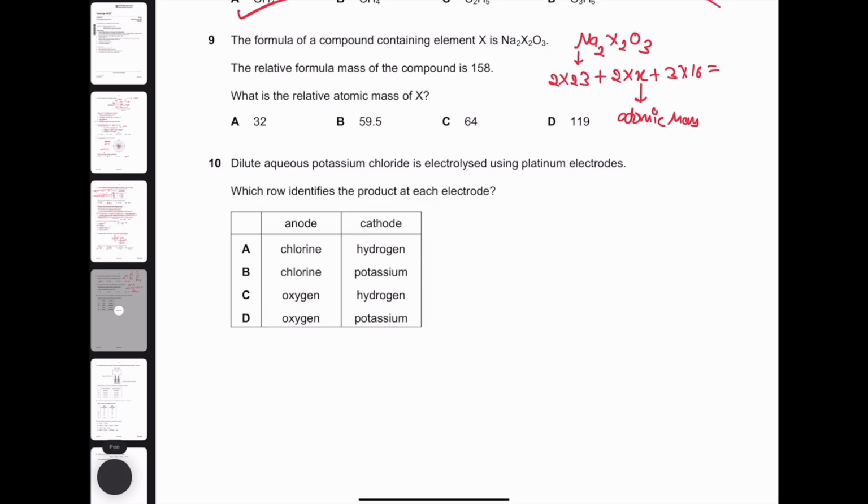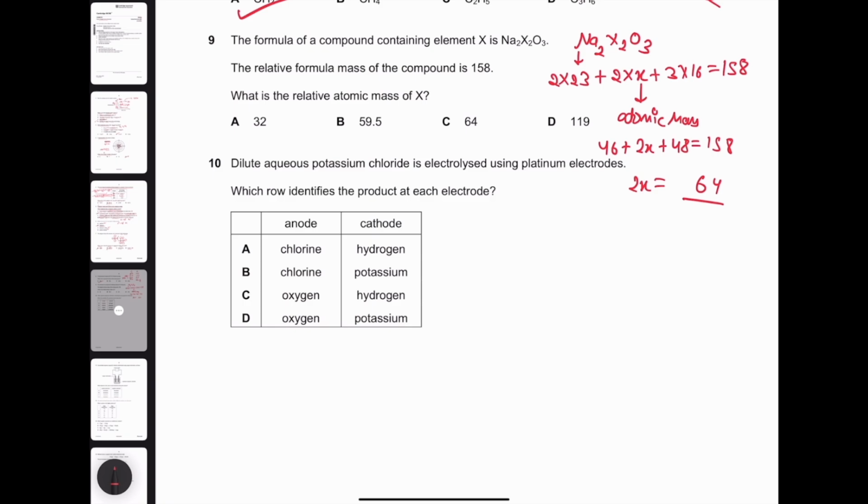They have given you the total mass, which is 158. So 46 plus 2x plus 48 is equals to 158. Now you do 158 minus 48, 110 minus 46, 64 is equals to 2x.